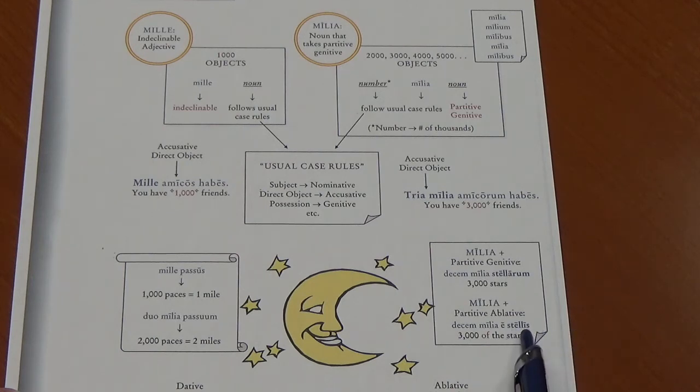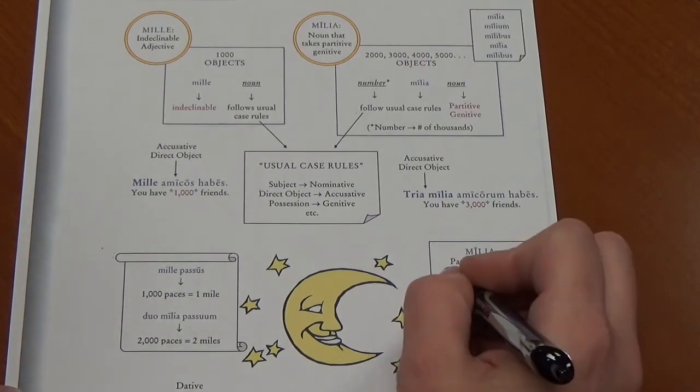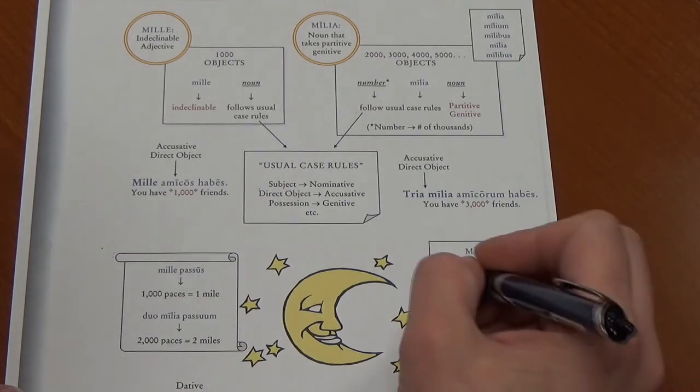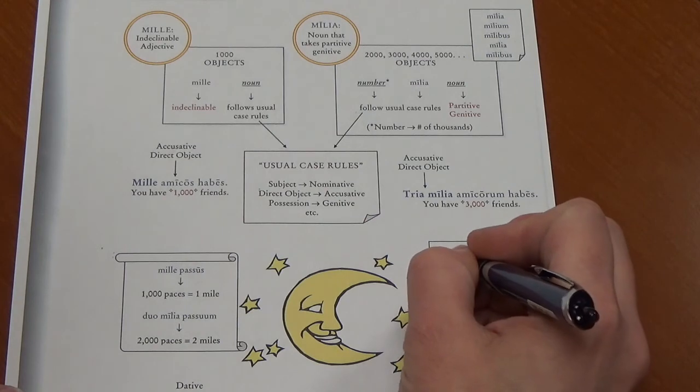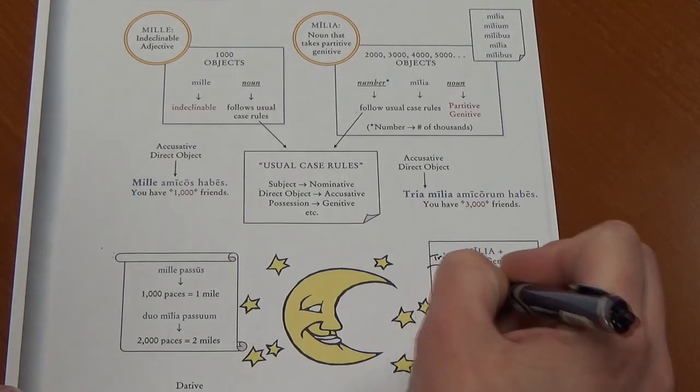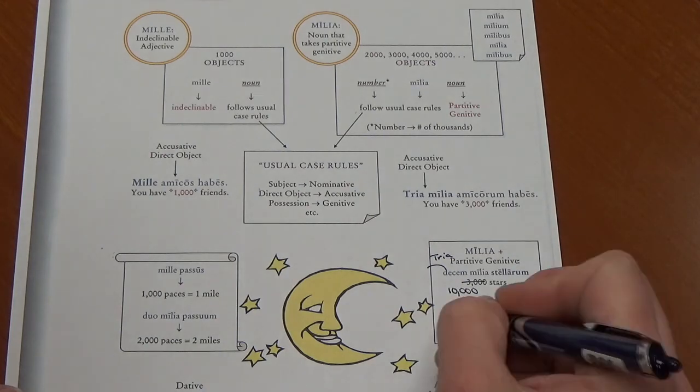a stellis. Now, I just noticed, but I don't think they noticed, this is 10,000 stars, but they wrote 3,000 here. This is a typo. This should be 10,000. Same here.